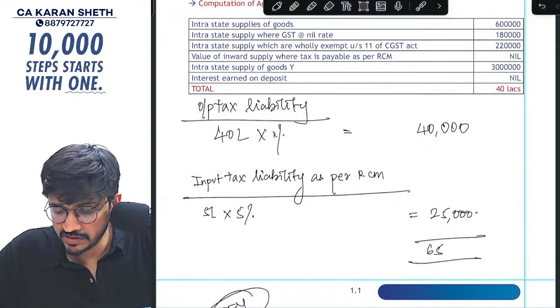So that is a total of 65,000 payable in cash.